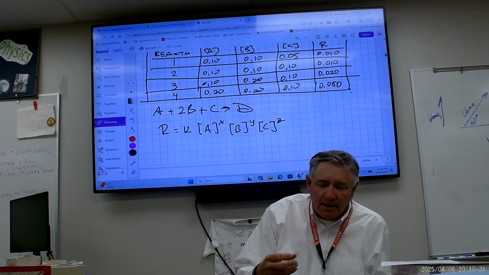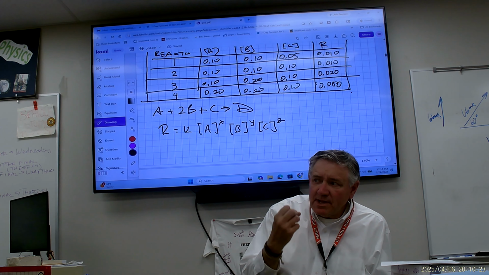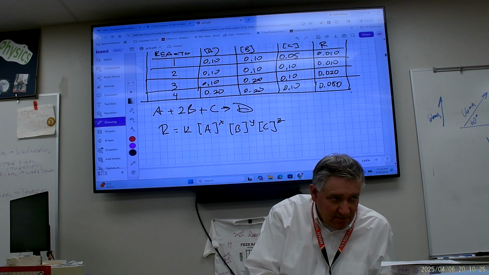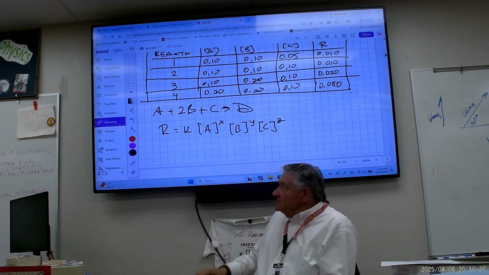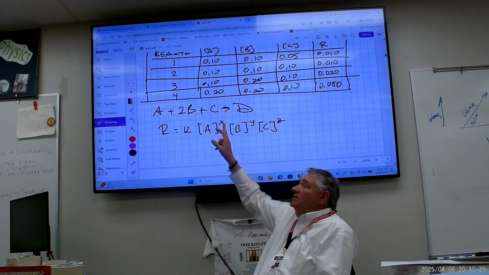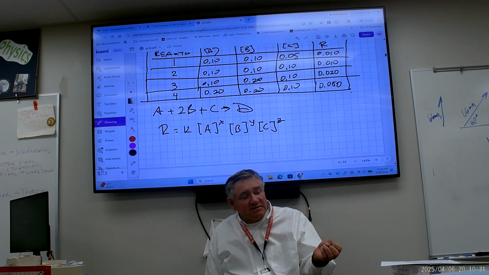Now, if you were to just look at the exponents themselves, because there's a 2 in front of the B, you would be tempted to say, oh, B should get squared, because that's the pattern that we've always followed. Whatever coefficient is in front of it, that's what goes as the exponent. That would seem like a reasonable thing.